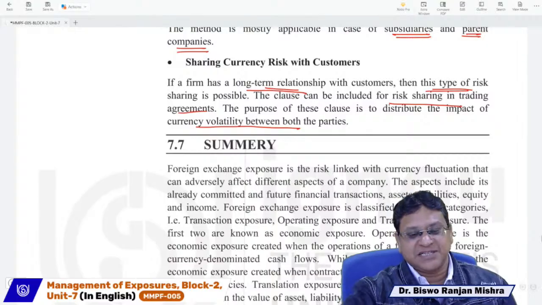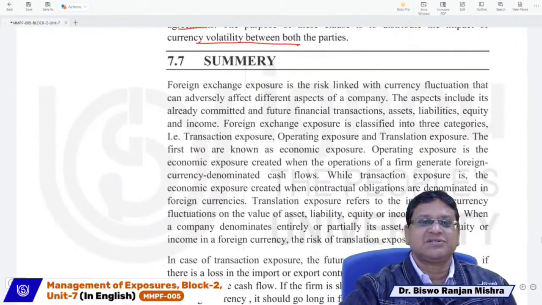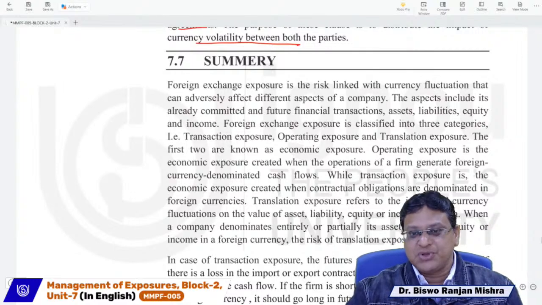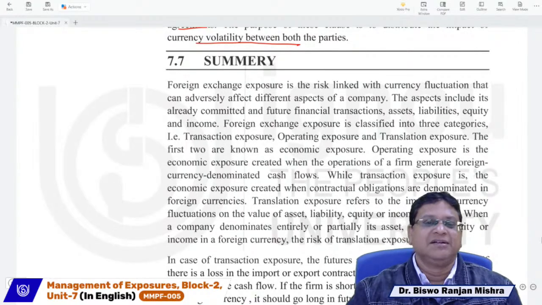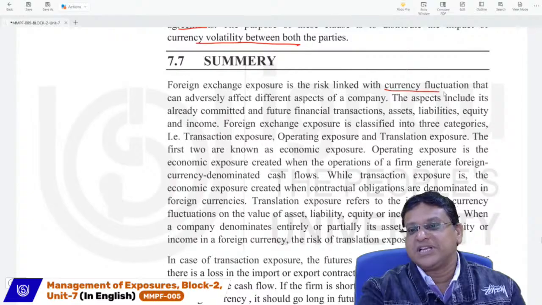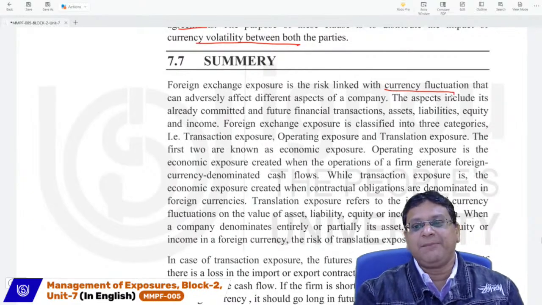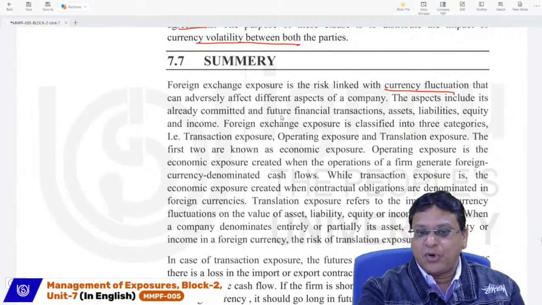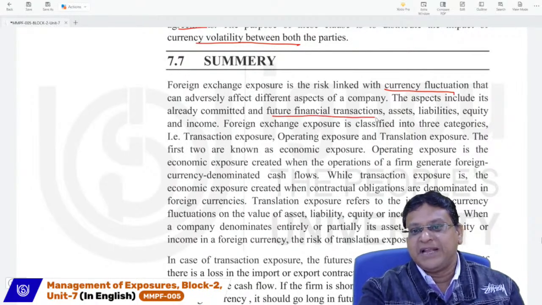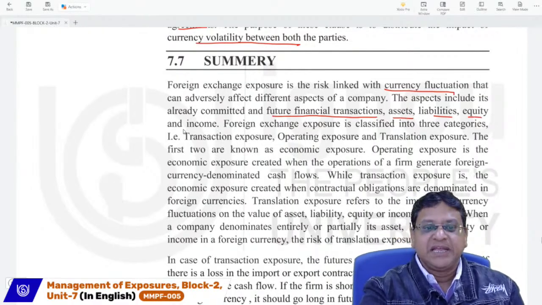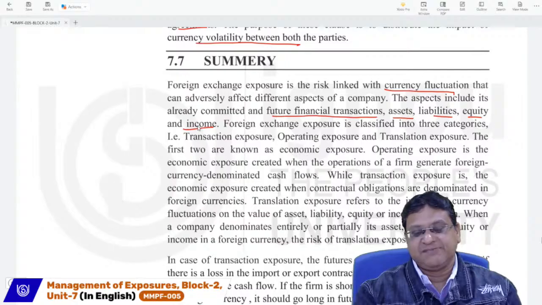So in our last class, let me summarize my discussion. First, we have discussed in today's class foreign exchange exposure or foreign exchange risk. Foreign exchange exposure or risk is linked with currency fluctuation. With the help of currency fluctuation, the current and future financial transactions, asset, liability, equity, income, value changes.